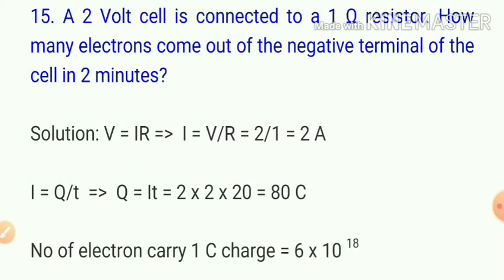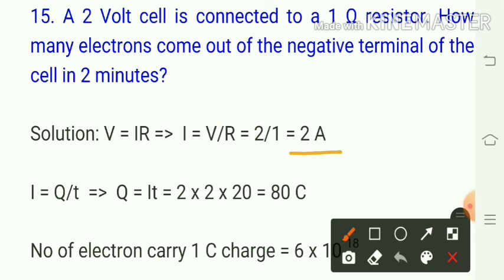Here we have to find out the current I. Resistance R is 1 ohm, voltage V is 2 volt, hence we can write the equation as V is equal to IR, therefore I is equal to V by R. We get the value as 2 ampere. Therefore, the value of electric current I is 2 ampere.